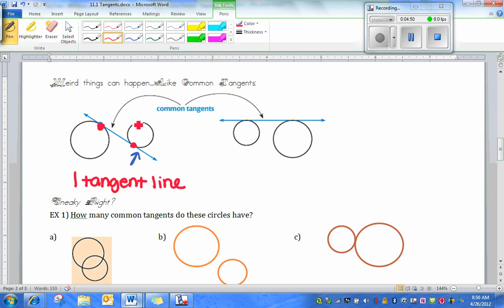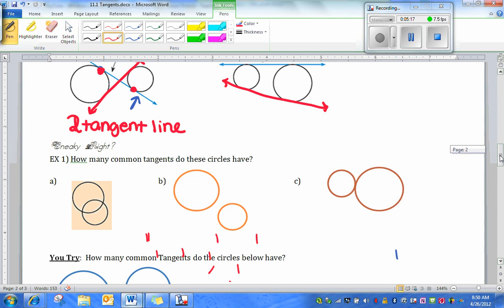I can actually draw another tangent line right here. So these have 2 common tangent lines, but the one that I had initially drawn was 1. Same thing for these. This is one common tangent line that they have drawn, but again, I can come down here and draw another. So those also have two common tangent lines.